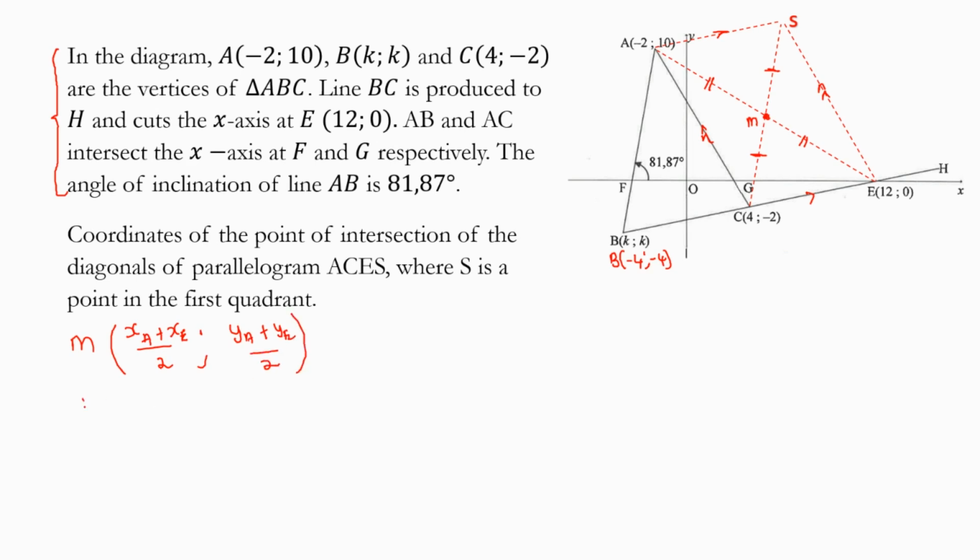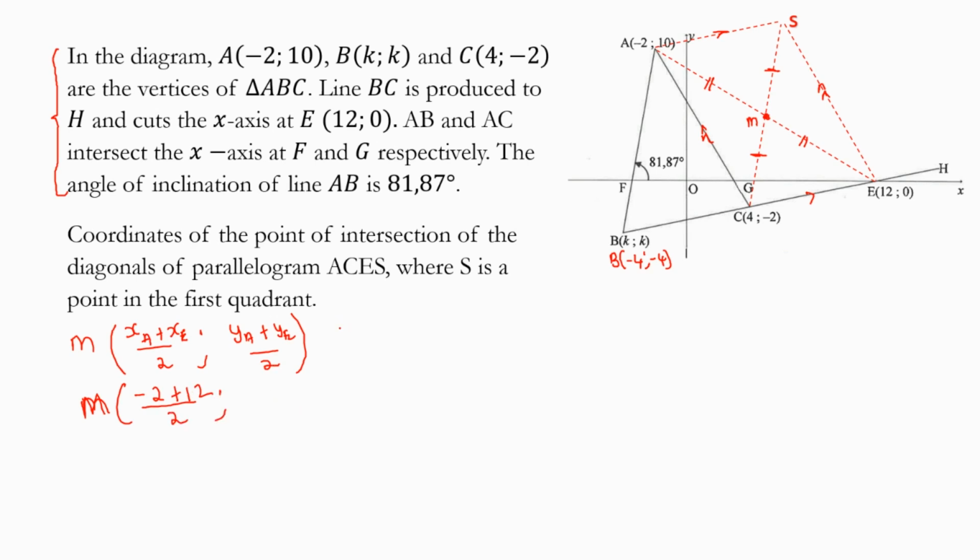So for M, it's -2 plus 12, or 12 plus -2, it's still the same thing, then divided by 2, that's the x coordinate of the midpoint.